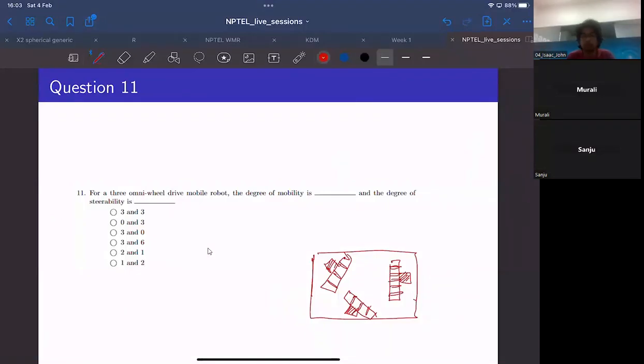So the degree of mobility would be 3 in this case, and the degree of steerability is 0. I hope it's exactly similar to the previous case. You are not indirectly manipulating the steering configuration. You are only directly manipulating the wheel velocity using independent motors. So in this regard, it would be 3 and 0.